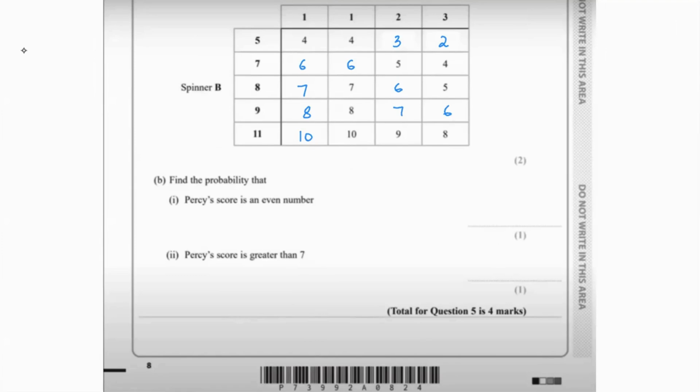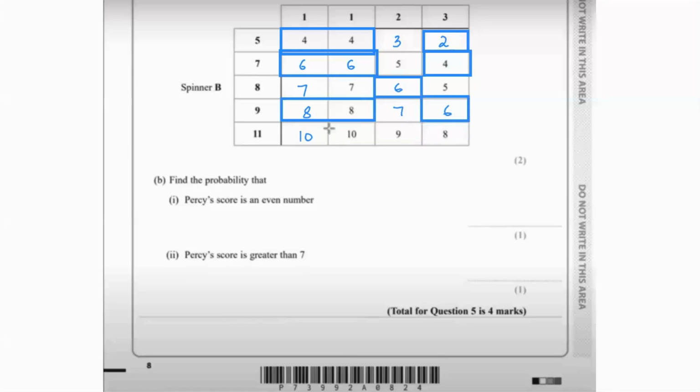So let's highlight the boxes which have an even score. So that's going to be these, this one, this one, these two, another one, and these.